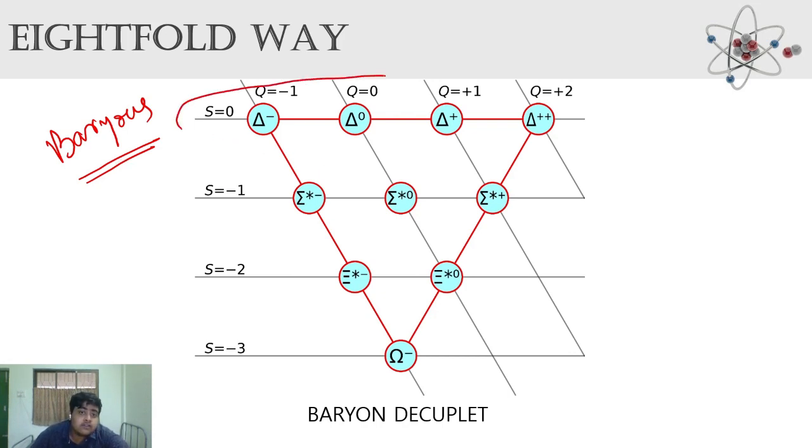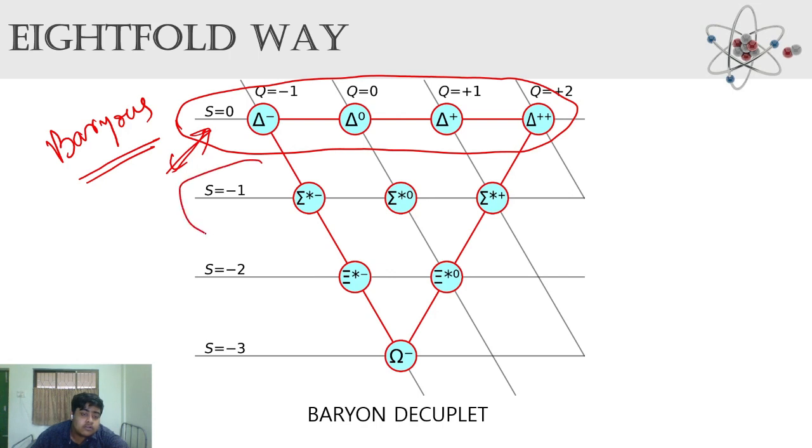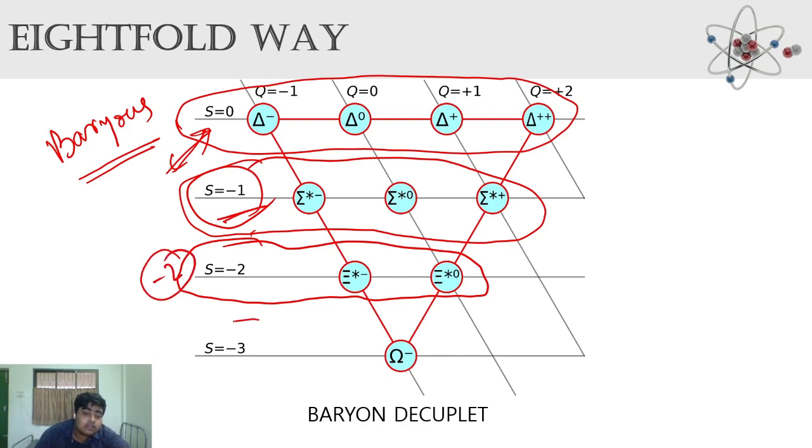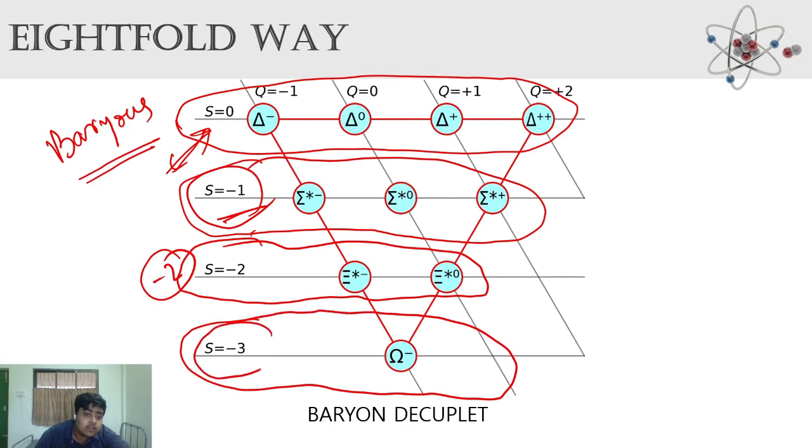So this row has a strangeness number of 0. This row has a strangeness number of -1. Careful, -1. These two have a strangeness number of -2, and this has a strangeness number of -3.